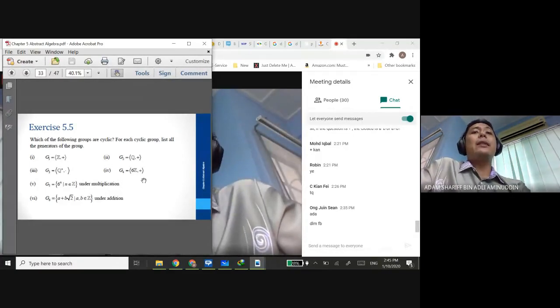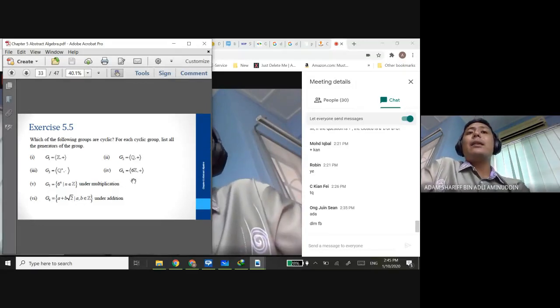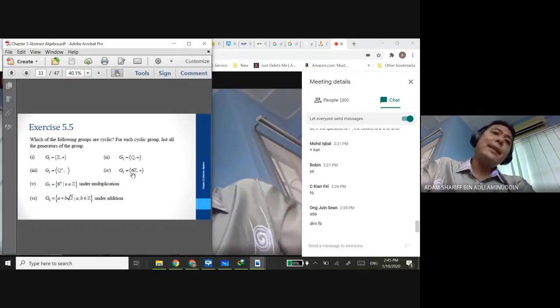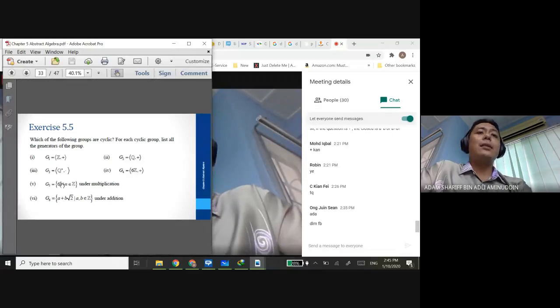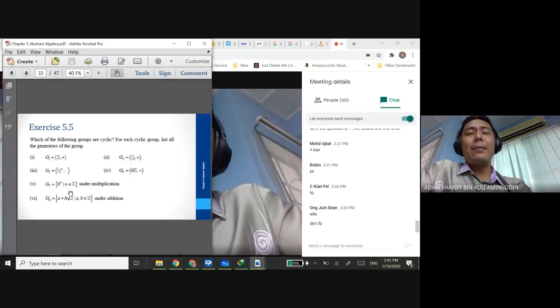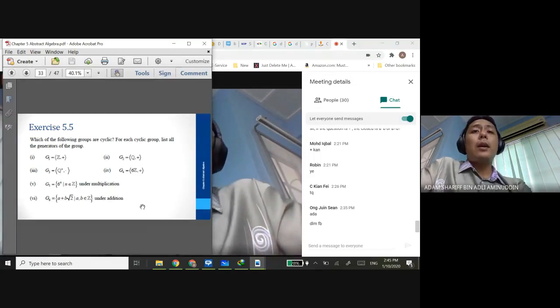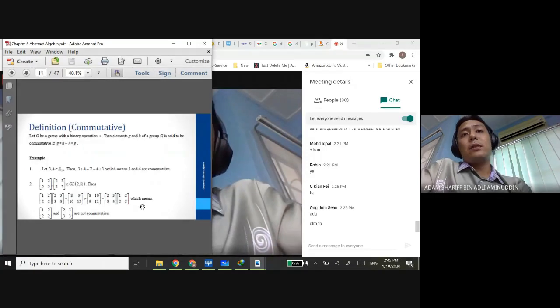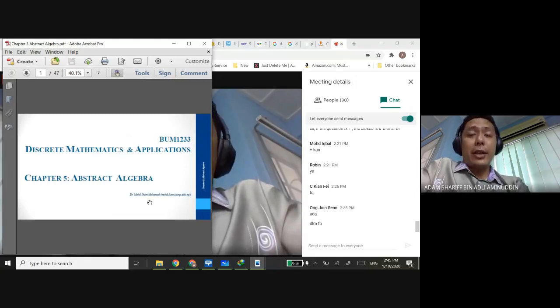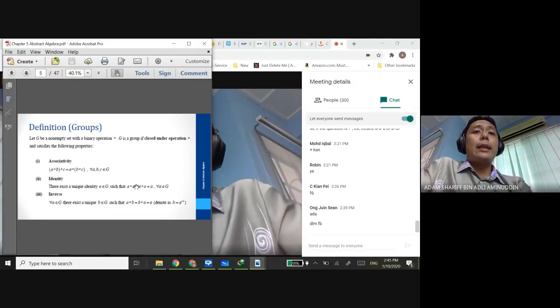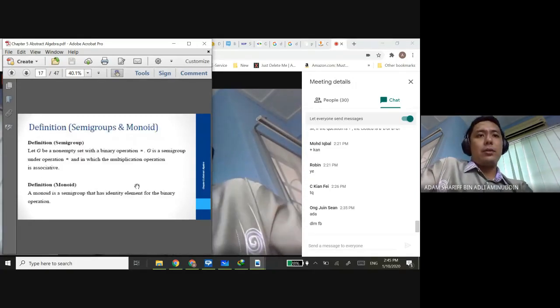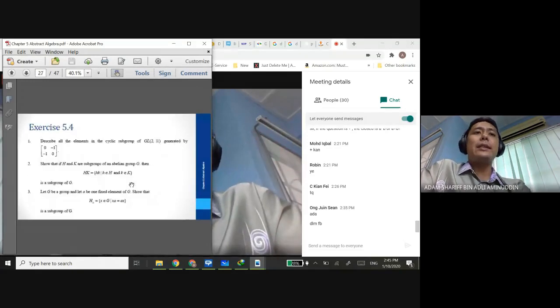You not necessarily need to understand the Q here, the multiple of 6Z, this is the multiple of 6. This is 6 to the power of n. This is in the form A plus B squared. I don't remember the name. Because this question is from Dr. Muhammad Sham, I think that it is too many kinds of G that my students need to learn.